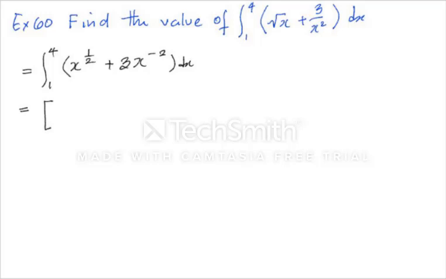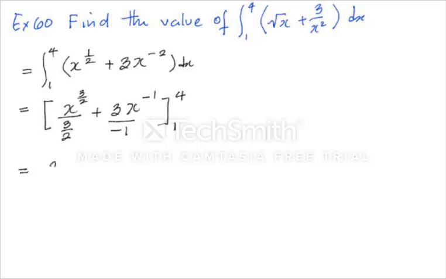When you integrate, you're going to increase the power by 1. So this becomes x to the 3 over 2 divided by the new power, which is 3 over 2, plus 3, increase the power by 1, you get x to the minus 1 divided by the new power, which is minus 1, within the limits from 1 to 4.